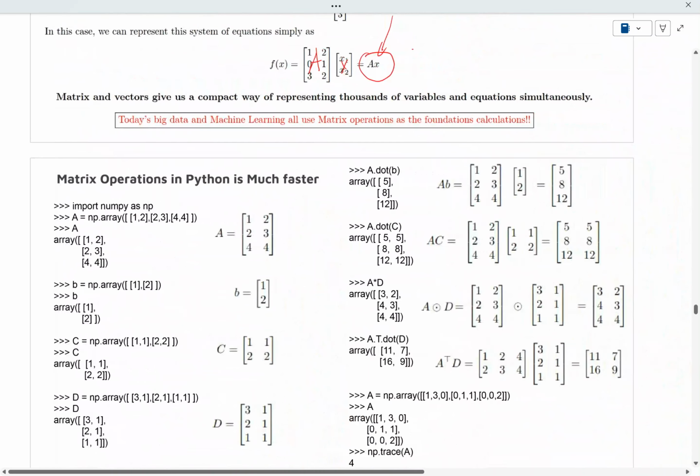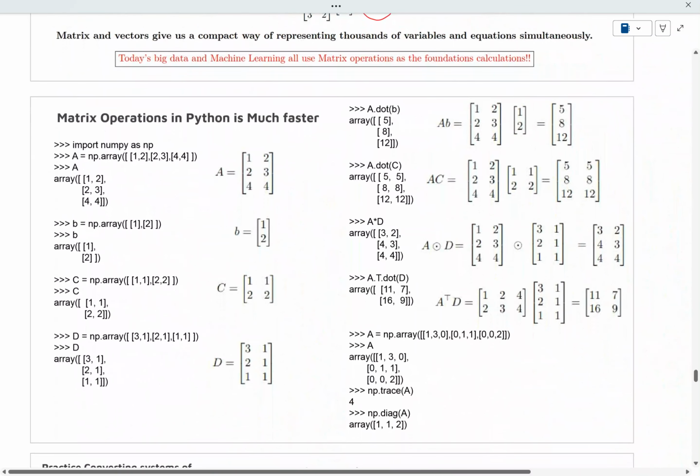All right, so these are some operations that we've learned, like multiplication, addition, and of course, with thousands and thousands of numbers, you don't want to be doing it by hand. Most of the time, instead, we calculate this addition and multiplication using Python, almost like a calculator. So over here, you see, you can define a matrix A, right, like such.